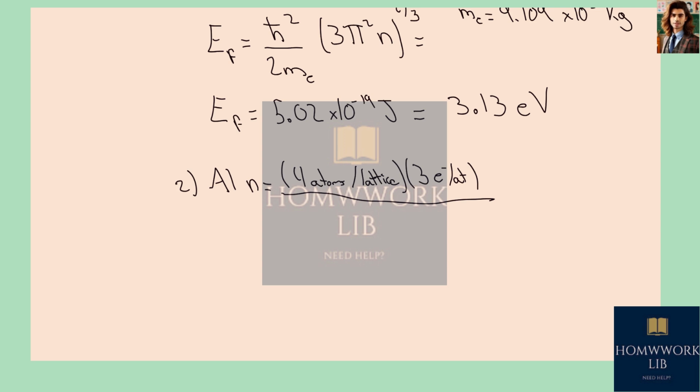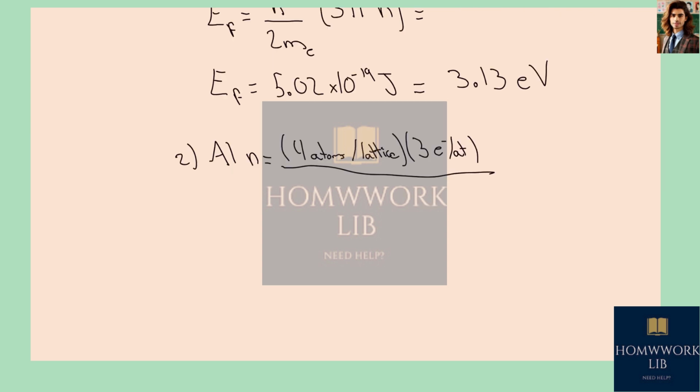So in this case, the lattice constant is going to be 4 angstroms, so 4 times 10 to the minus 10 meters cubed. The value for n thus becomes 1.88 times 10 to the 29 meters to the minus 3.